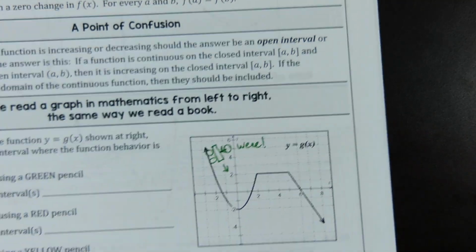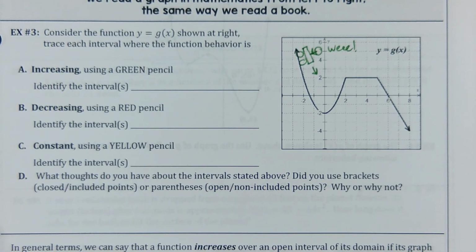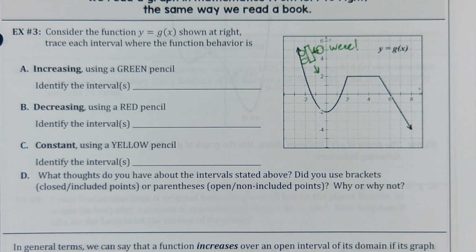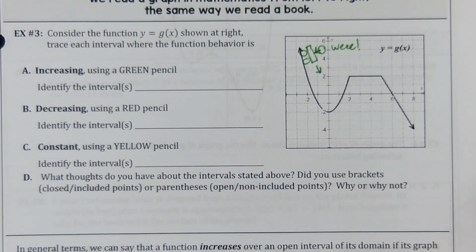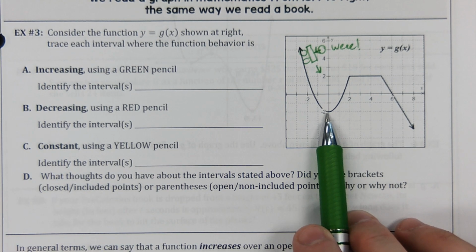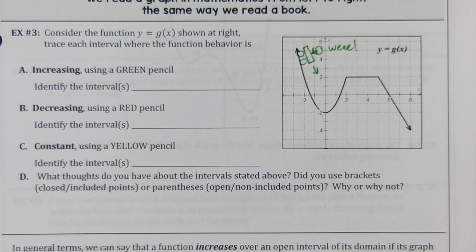As soon as I let this roller coaster go, is it going up or down? Come on, everybody. Up or down? Down. It is going to stop going down at an x value, correct? At what x value does it stop going down? Just shout it out. 0. Because at 0, I've reached the bottom of this hill, so to speak. And I got to start going back up, right?